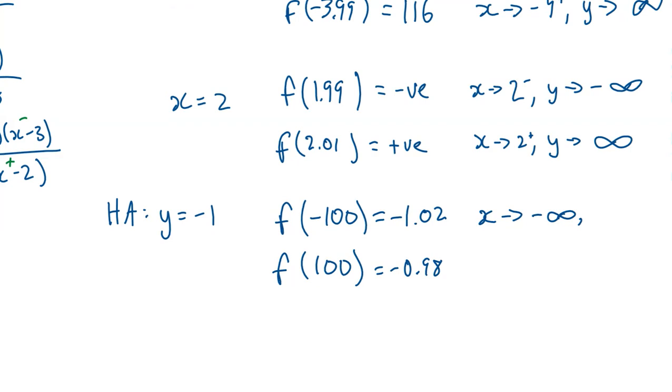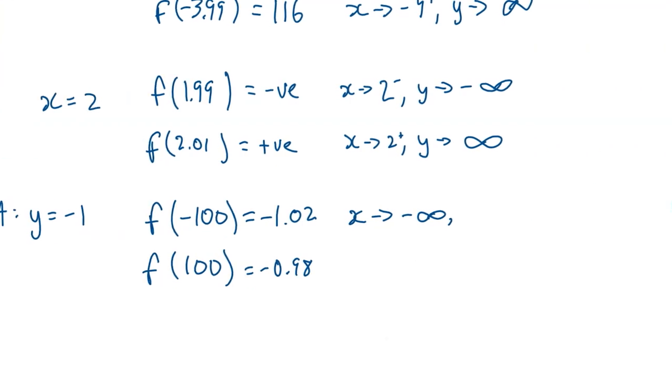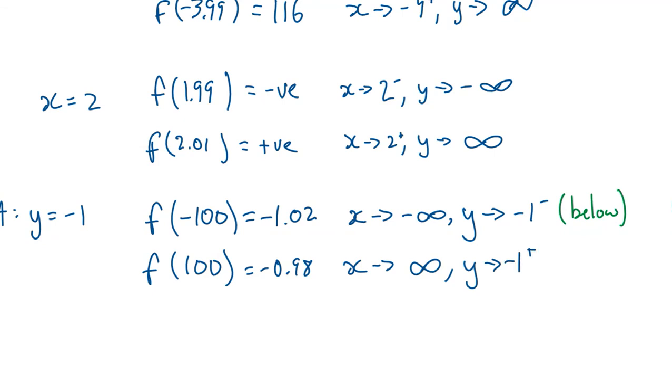This is where that negative thing messes with your head. Imagine it on a number line. It's below. So y approaches -1 from below. As x goes to positive infinity, is -0.98 above or below -1? It's above. So y approaches -1 from above.